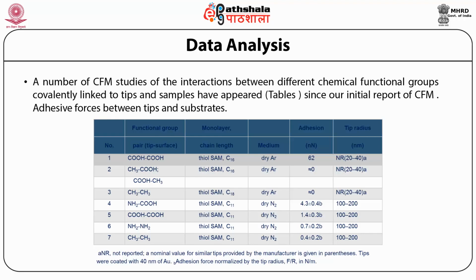The medium is dry, the adhesion is 62 units, and the tip radius has also been given. Similarly, for various compounds, for example, ethane and hydrogen have been used in dry nitrogen medium, and the other data has been given here.